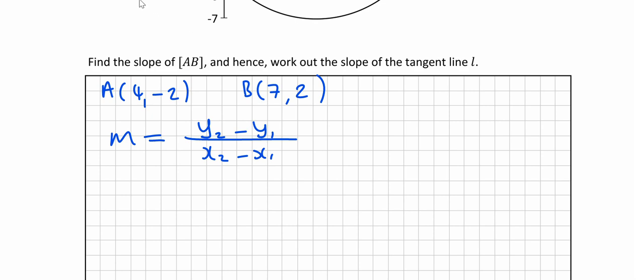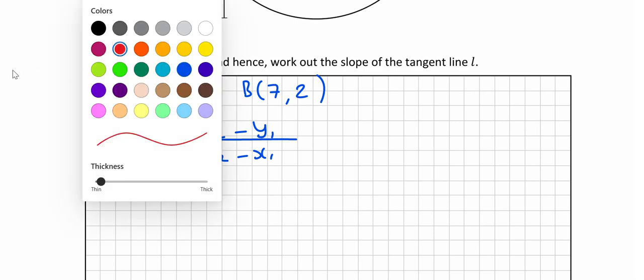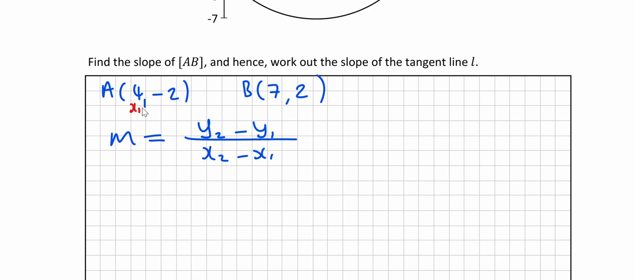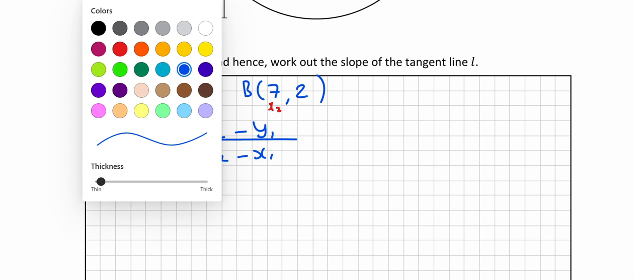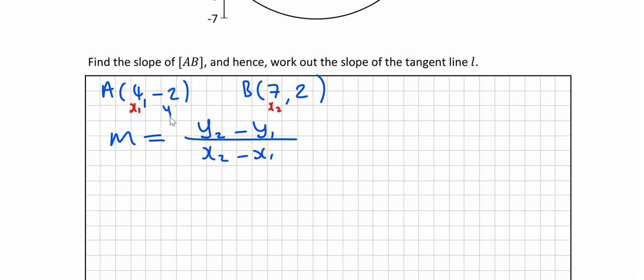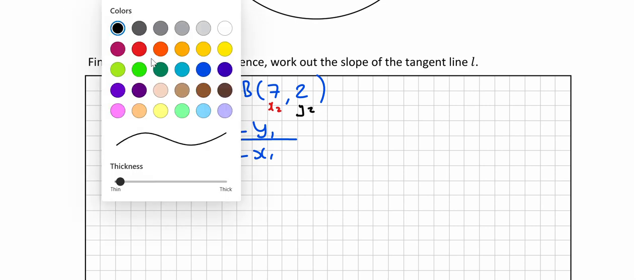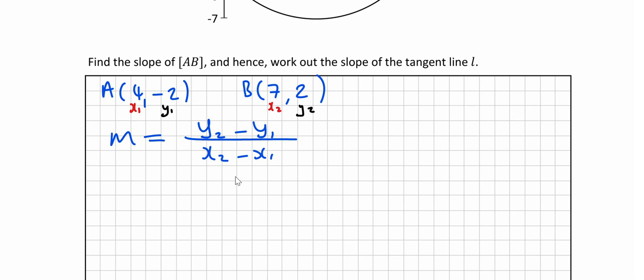If they give us a nice grid, I might have used rise over run, but I want to make sure here you're using algebra. It's in your log tables, this formula here.